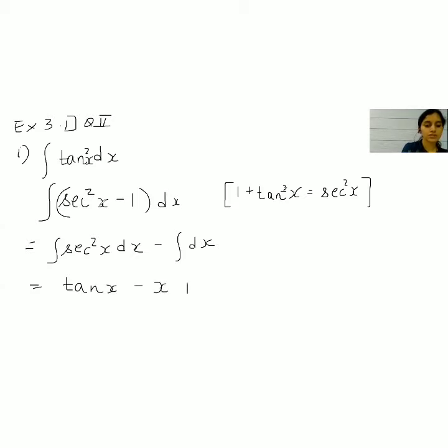It is x plus c. Integration of dx, I told you, is getting together all the small dx together, and so you get x. So tan x minus x plus c is your final answer. This is exercise 3.1, question 2, first one.